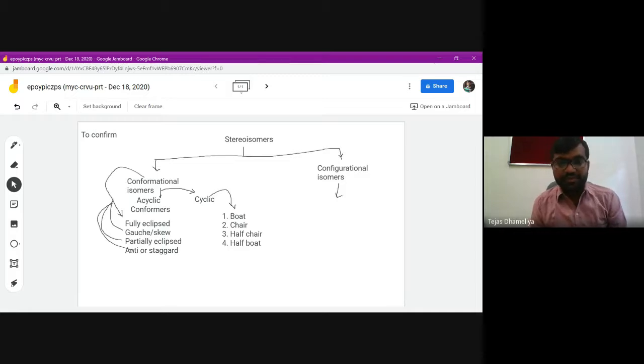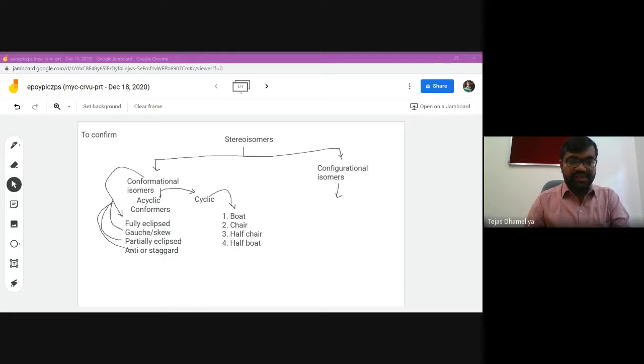Boat is a cyclic conformational stereoisomer. Anti or staggered belongs to acyclic conformational stereoisomers. Half chair belongs to cyclic conformational stereoisomers. What is called boat, what is called chair, half boat? Hold these questions. We are going to learn this in our coming discussion.